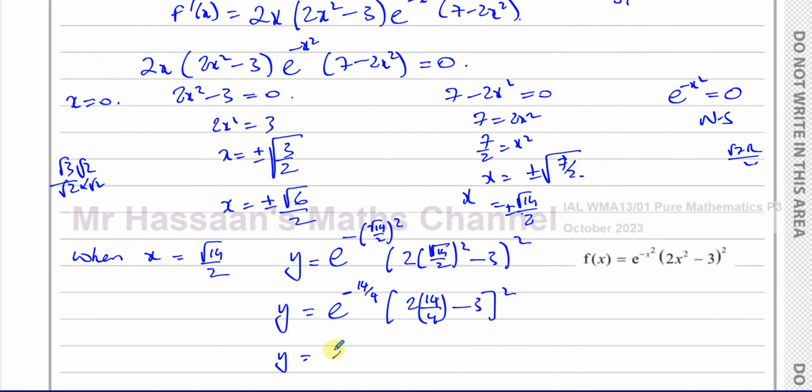So this is e to the power of minus 7 over 2 times, this cancels with this, that gives you 14 over 2, which is 7. 7 minus 3 is 4, and that's 4 squared. So you end up with y equal to 16e to the power of negative 7 over 2. That's the exact value of y.